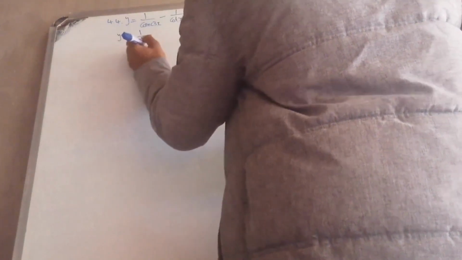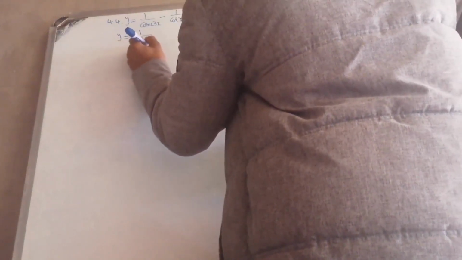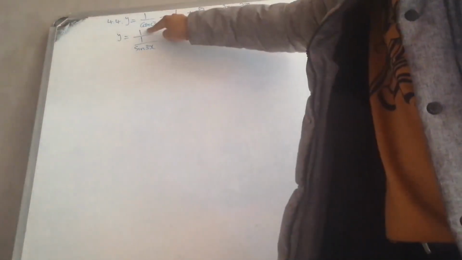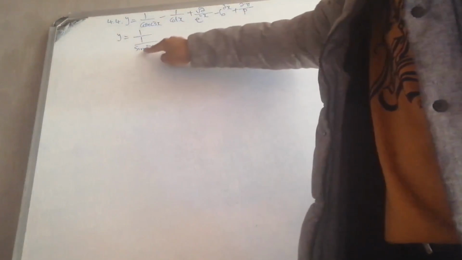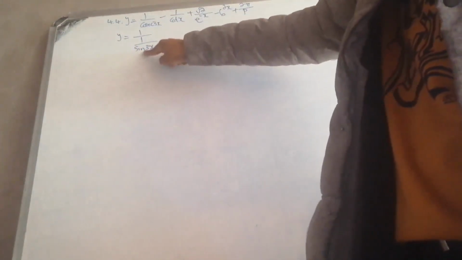So I can say, okay, rewriting this, y equals 1 over sine 3x. Cosec, I have my 1, there it is. Cosec is 1 over sine. That's cosec.